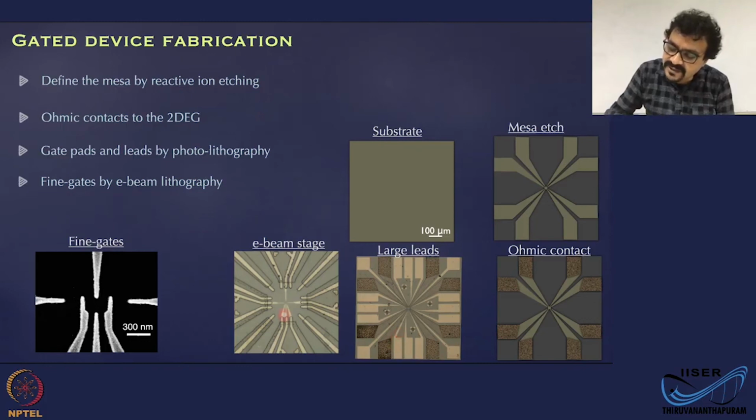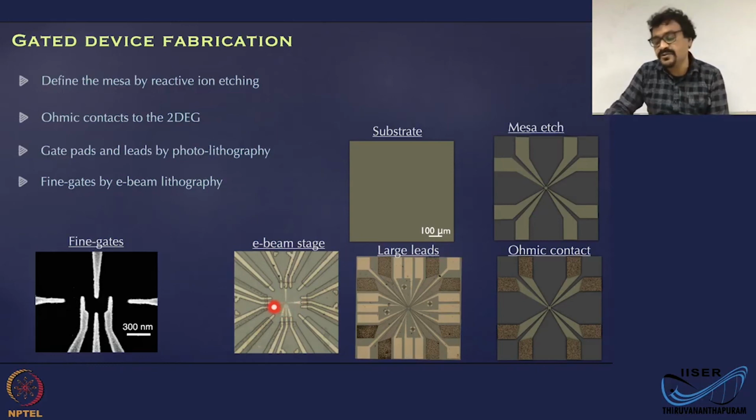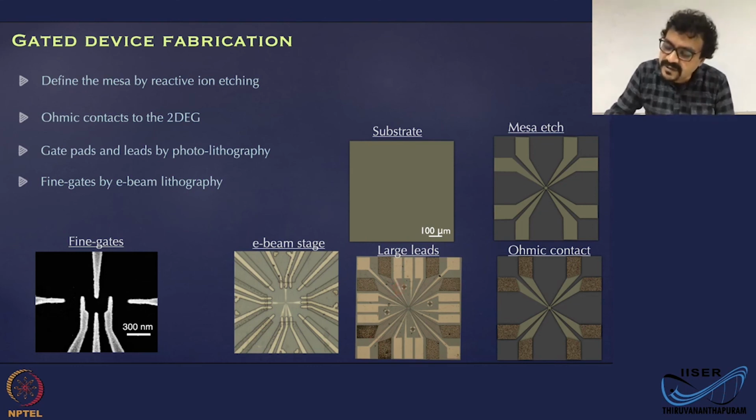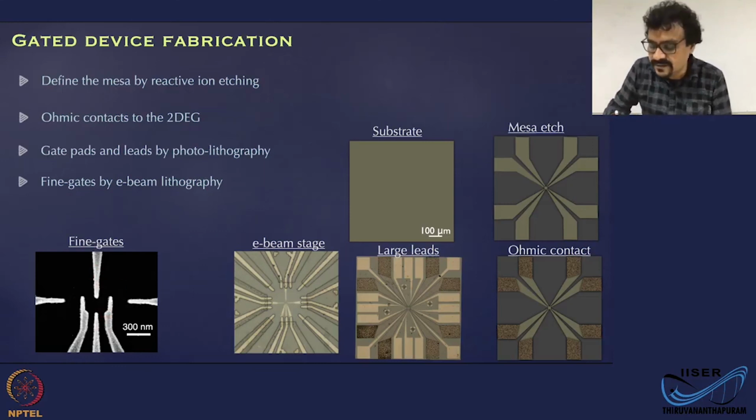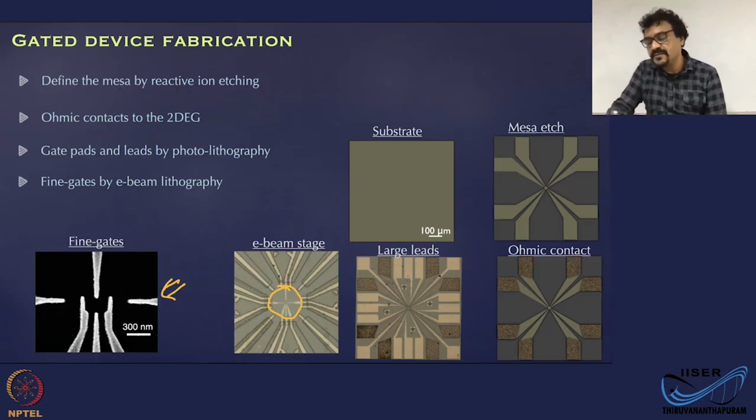And eventually, you need to define a really small structure, on the few tens of nanometer scale, in the middle. That is done by electron beam lithography. So after this step, you actually draw this small feature, which is shown here in the enlarged SEM picture, the scanning electron microscope picture. Okay. So that is done by electron beam lithography.